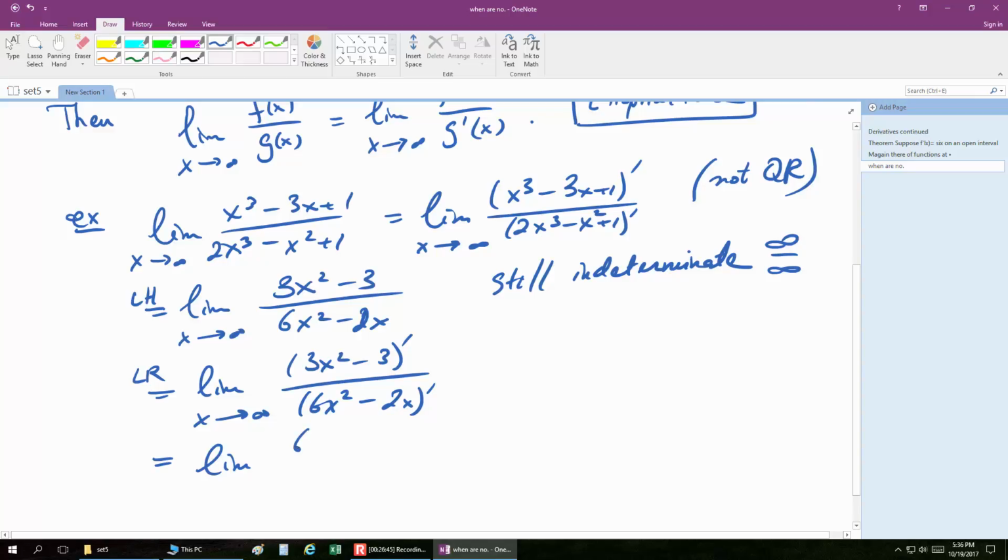So I have 6x divided by 12x minus 2. At this point I either use some other tricks that we know, or I do L'Hopital's rule one more time. And if I do it one more time, I'll have the limit 6 over 12, which is 1/2.